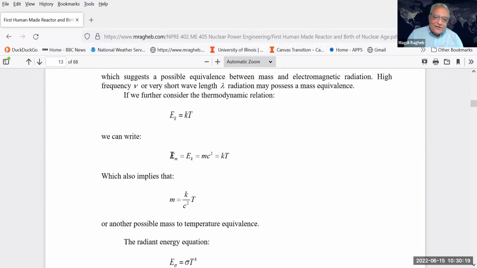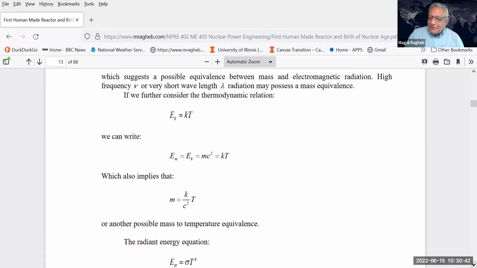If you equate the mc² Einstein equation to the energy of an object at a very high temperature, you find that the mass can also be equivalent to the temperature in general.